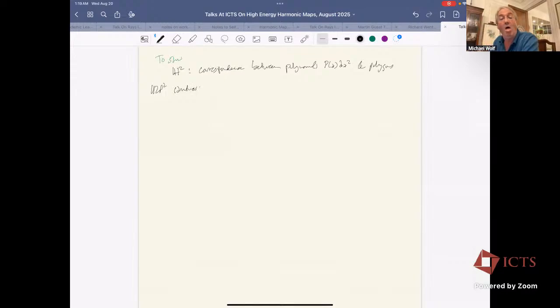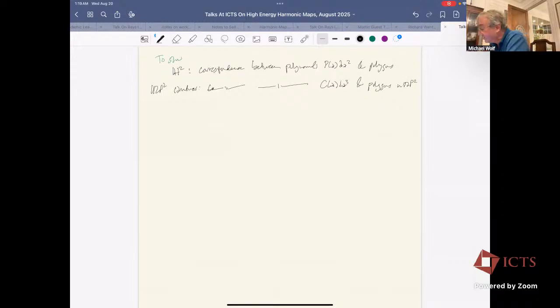I want to have a correspondence again between polynomials C of z dz cubed and some sort of polygons in RP2. Okay.